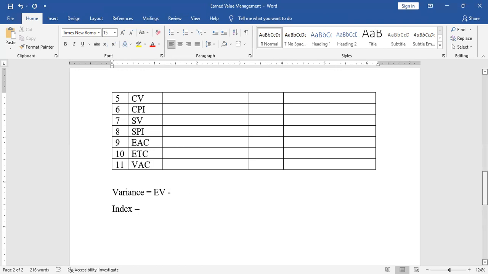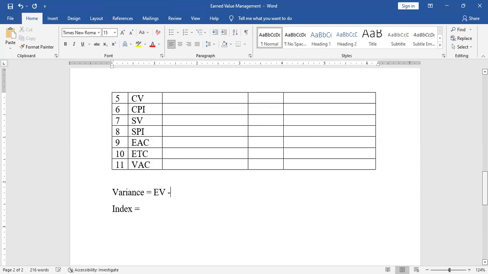So in short, EV works with AC and PV. When AC, which is actual cost, is involved, there will be a word cost. When planned value is involved, there will be a word schedule.